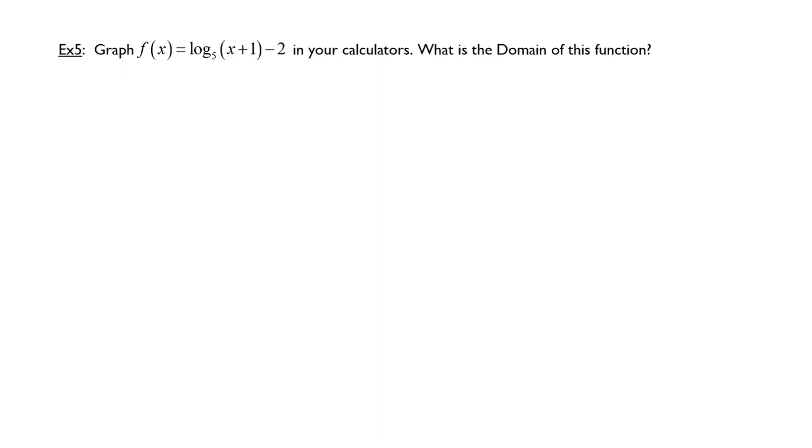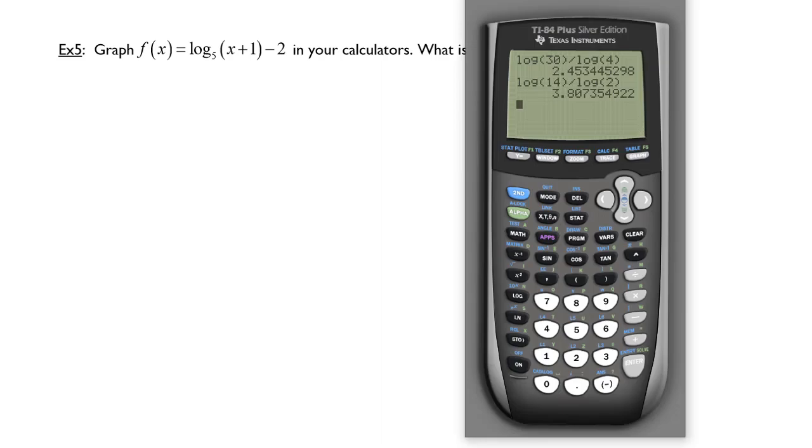Let's graph f of x equals log base 5 of x plus 1, minus 2 in your calculator. And then let's find the domain of this function. Putting this in the y equals, we'll have log. Now, what am I going to do because log base 10 is the default?